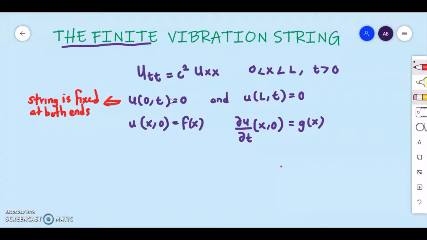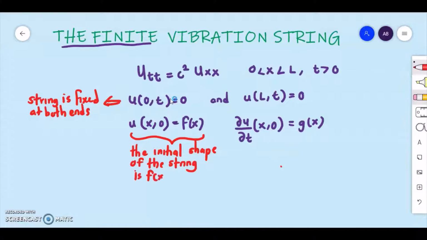Now this initial condition also means that the initial shape of the string is f(x). And then here we have g(x), the other equation equals g(x).